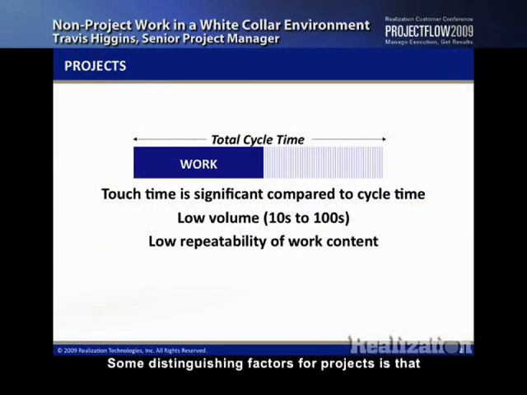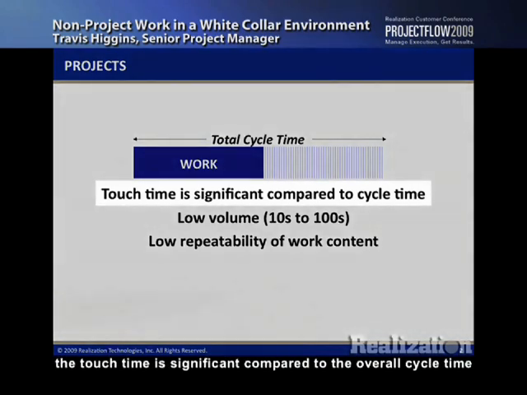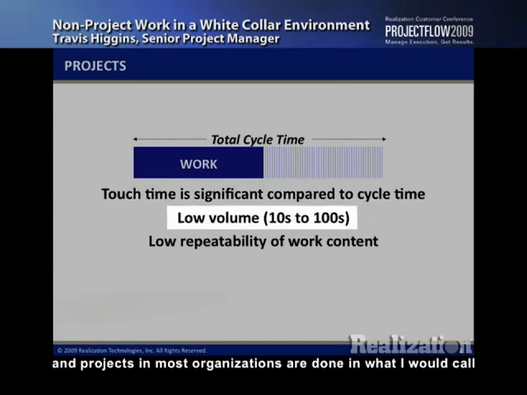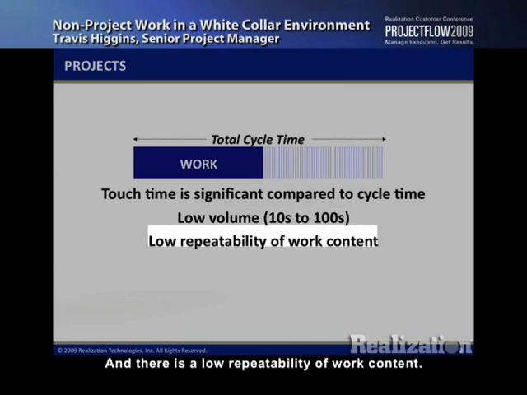Some distinguishing factors for projects is that the touch time is significant compared to the overall cycle time. And projects in most organizations are done in a smaller volume, somewhere in tens to maybe 100 and more. And there is a low repeatability of work content.